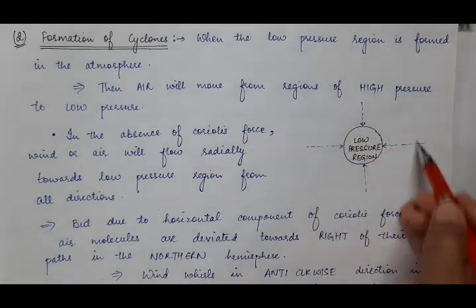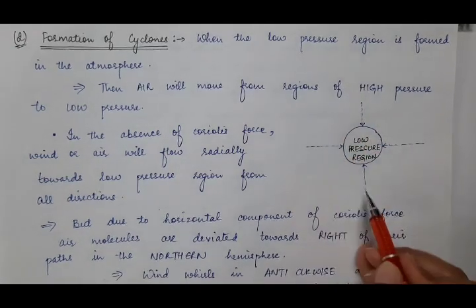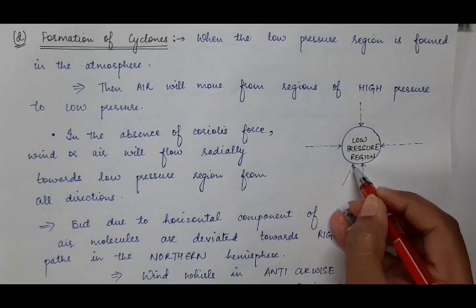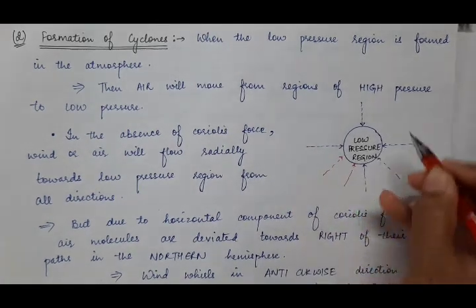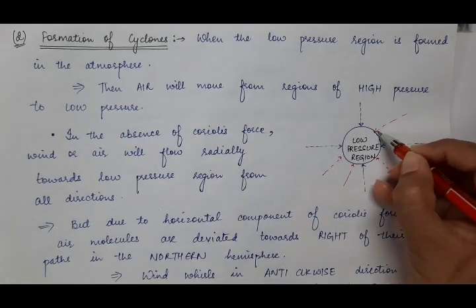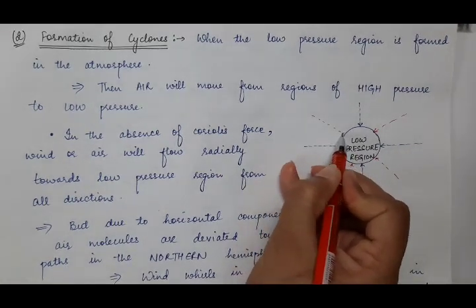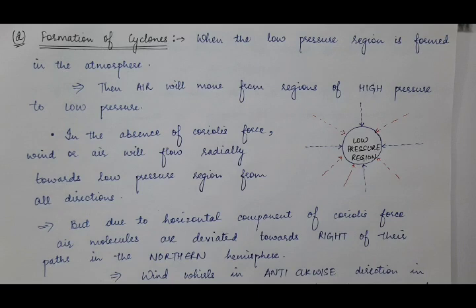So this is the high pressure region, and the air will move from all directions towards the low pressure region. Why? To balance or equalize the pressure.